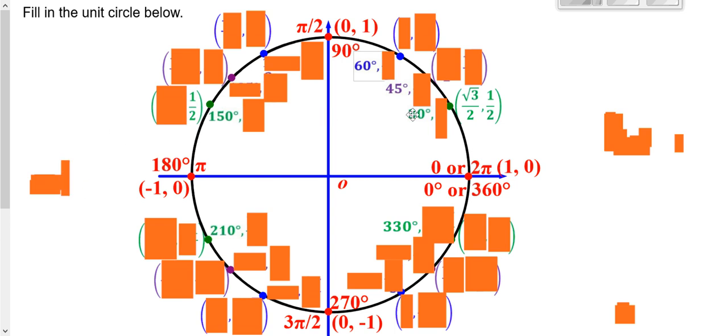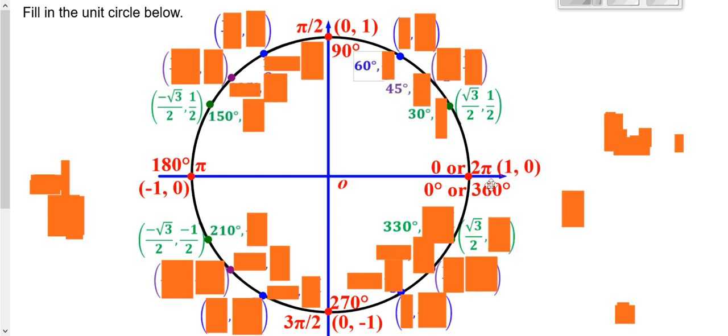However, instead of being right root 3 over 2, I'd be left root 3 over 2, which means it's negative. If I take that green point and reflect it down here, I would be going left, which is negative, and down, which is also negative, so both coordinates would be negative. If I take this point up here and reflect it down, I didn't change how far over I was, so it would be positive, but instead of going up 1/2, I'm down 1/2, so it would be -1/2.